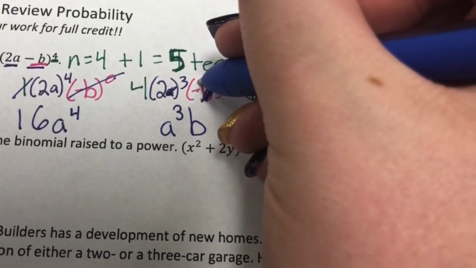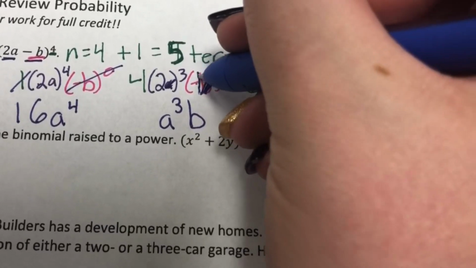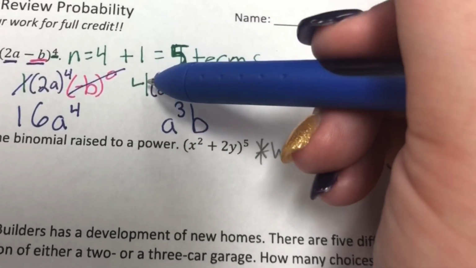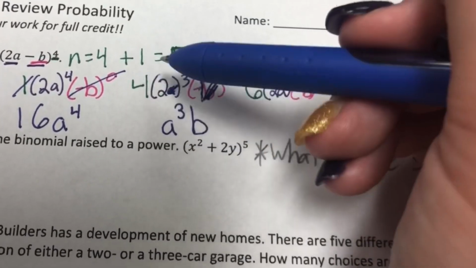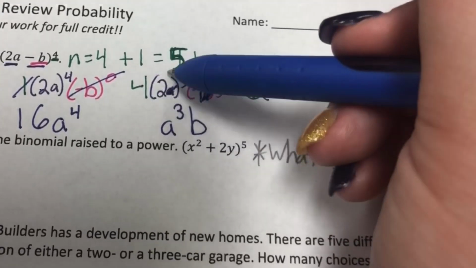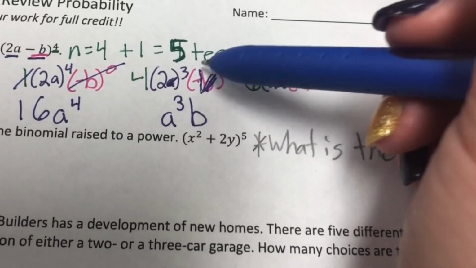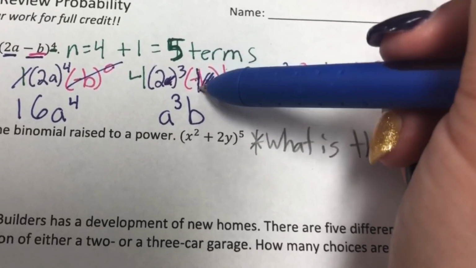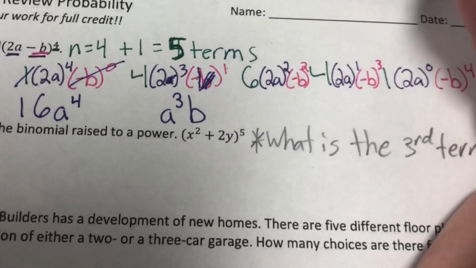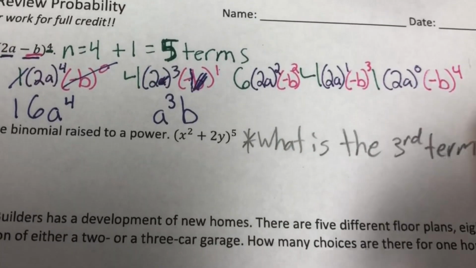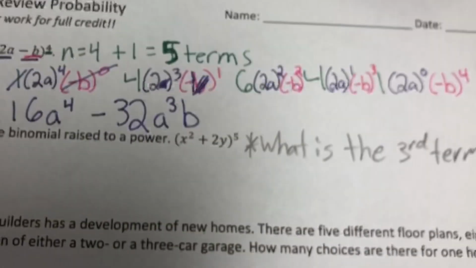So you have an understood 1 here in front of the b. So putting it into your calculator, you have 4 parentheses 2 parentheses to the third, multiplying by parentheses -1 raised to the first. Putting that into your calculator, you have -32.